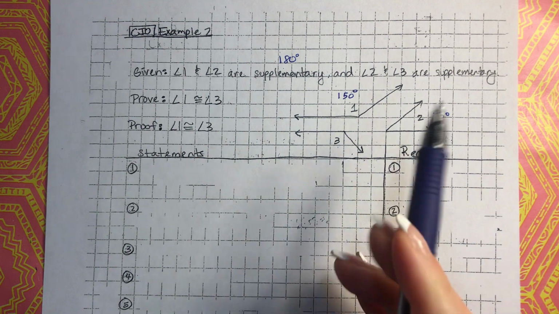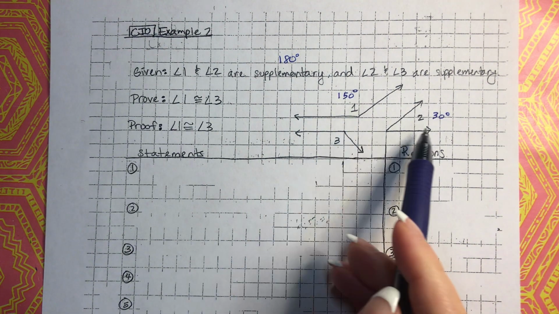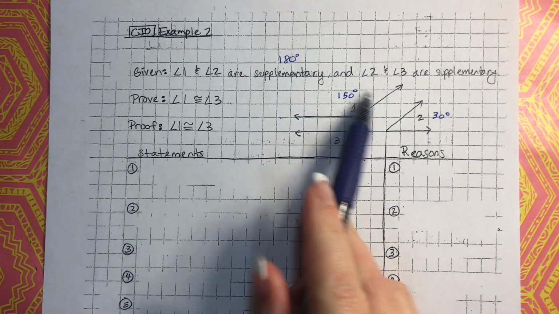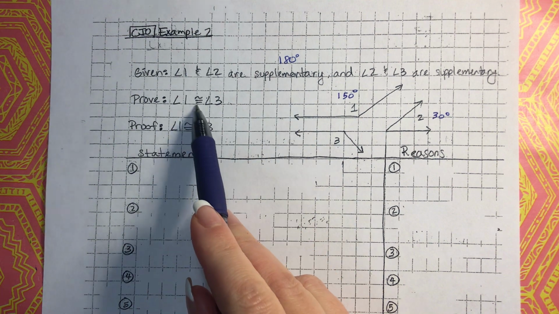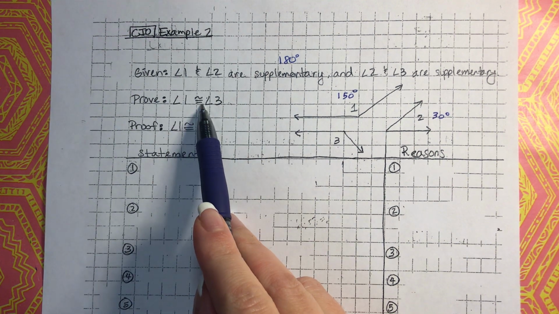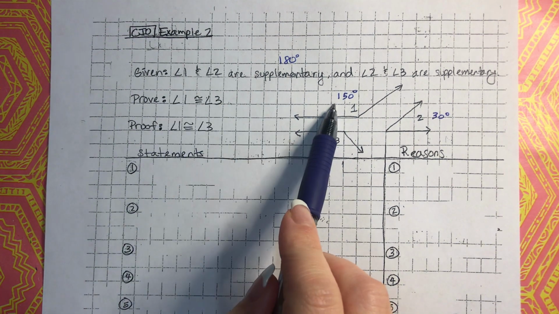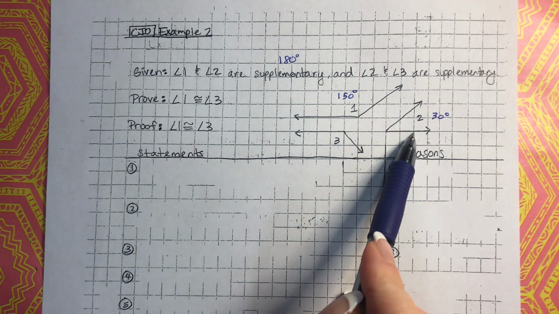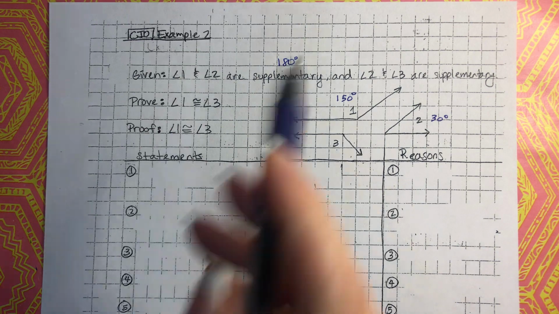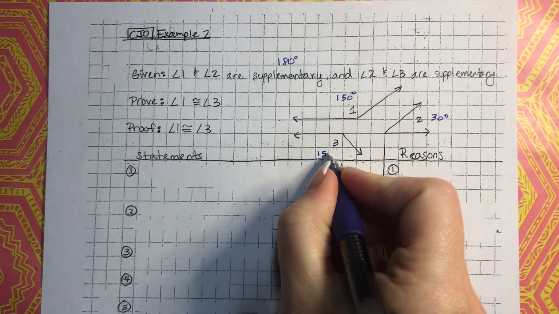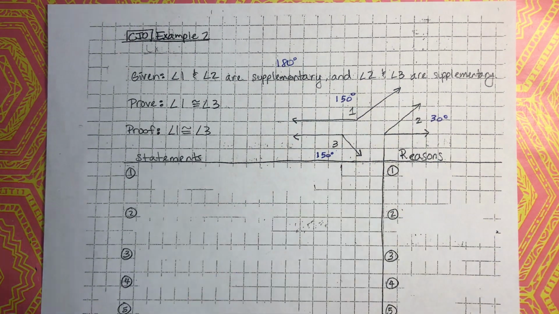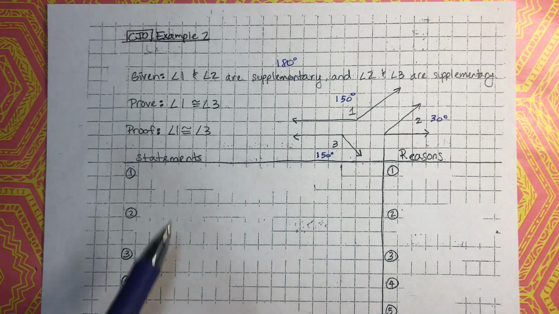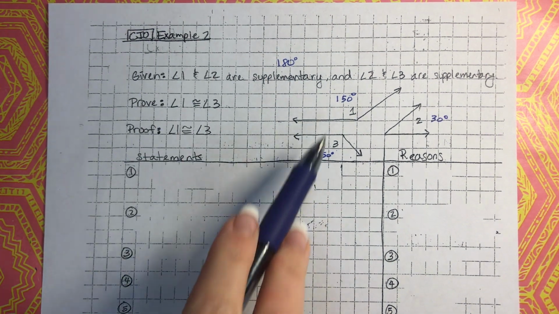All right. These are made up numbers. I'm just making it up to try to wrap my brain around what this is and the direction I need to go in order to prove this. So angle 1 and 2 are supplementary, and then it says 2 and 3 are supplementary. So if 2 is 30, then that would mean that 3 would have to be 150 if they're supplementary, right? And then you can see that they are the same.